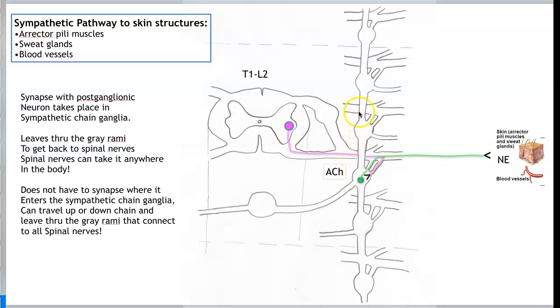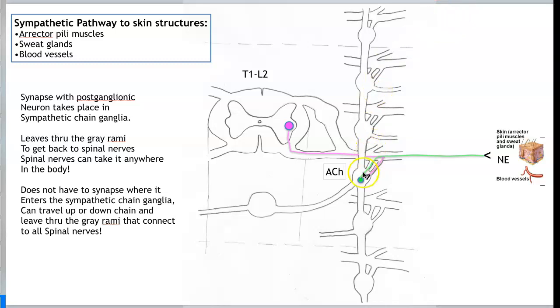You're going to take the chain up, and then you can leave through a gray ramus, say close to C1, the C1 spinal nerve. You can synapse way up here, and then your postganglionic axon can leave through the gray ramus up here, get on the spinal nerve, and go to your neck so you can start sweating up in your neck region.